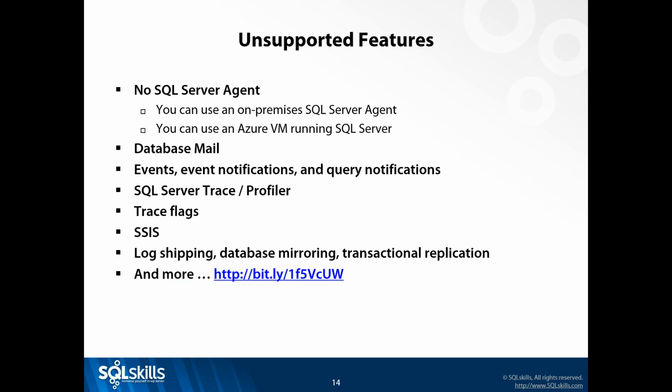So if I'm still responsible for certain things such as fragmentation and statistics updates and things like that, or even massaging data or lots of stuff, how do I run these things? If I don't have SQL Server Agent to kick them off, what are my options? So one option is using an on-premises SQL Server Agent. So something in my data center, I have a SQL Server and it's connected to my Azure SQL database, and I can kick off these jobs.